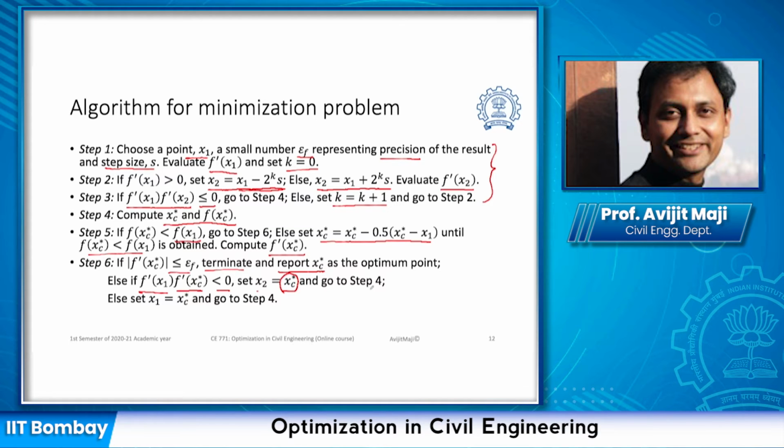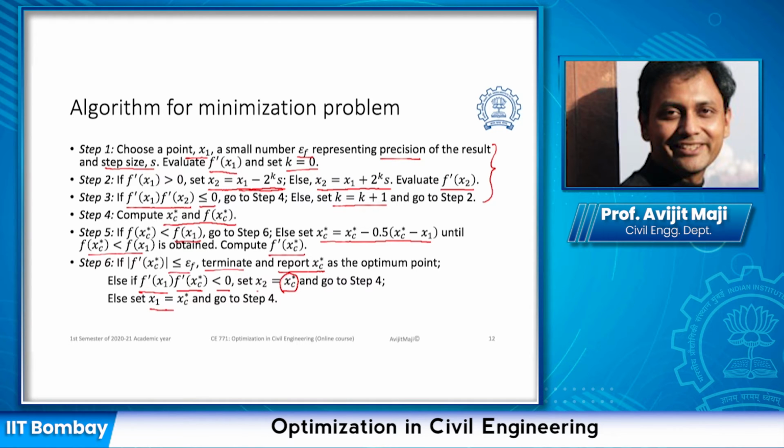And for further process, we need to go to step 4, where again we are going to find a new point based on the cubic function, and the process continues. If we find that the slope at x1 and the new point are of similar nature or of similar direction, then we can move the x1 point to the new point.